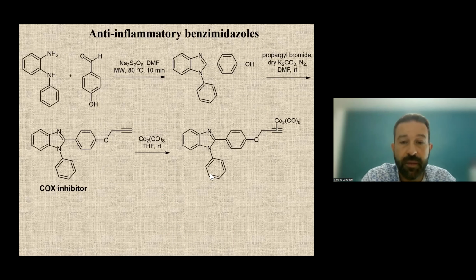Regarding benzimidazole, we selected this compound because it was easily obtained by microwave-assisted synthesis and then functionalized, and this compound was previously published by us as a COX inhibitor, so an anti-inflammatory agent. So we would like to see if this substitution could improve or impact this biological activity.